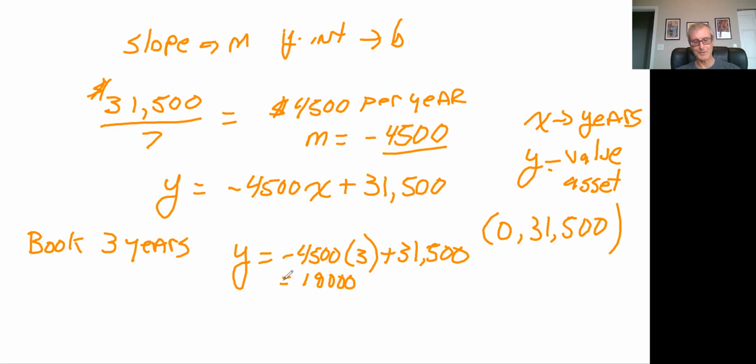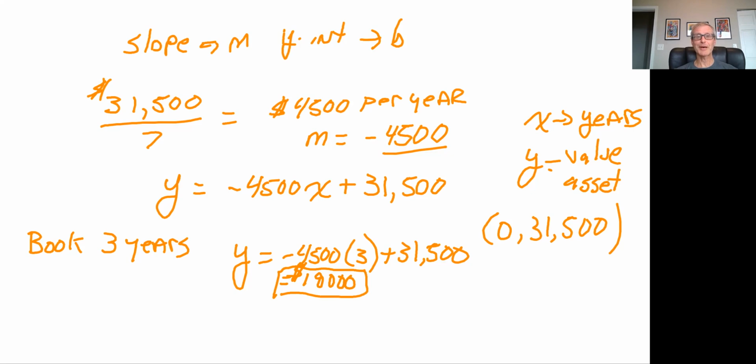And then if you add, you would get 18,000. So the book value of each vehicle after 3 years would be $18,000. So for those accounting people in the room, that would be something that you would end up doing. I know my accountant used to do it for me all the time.